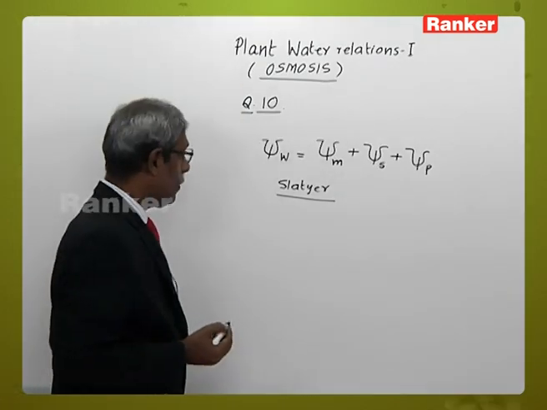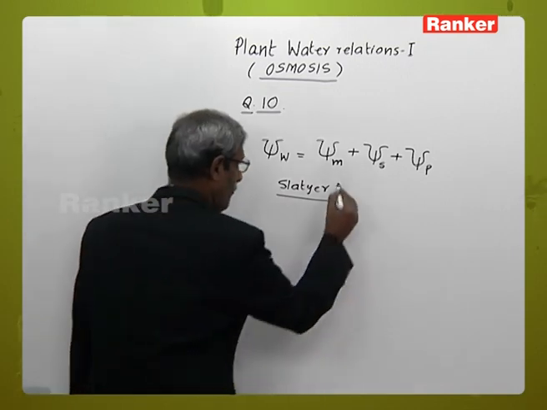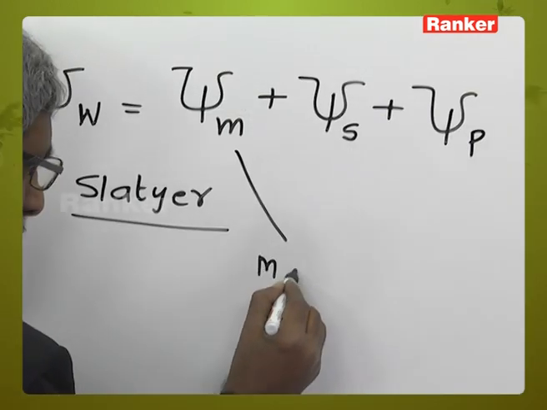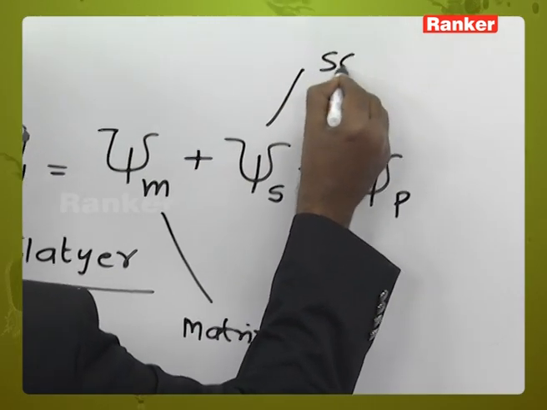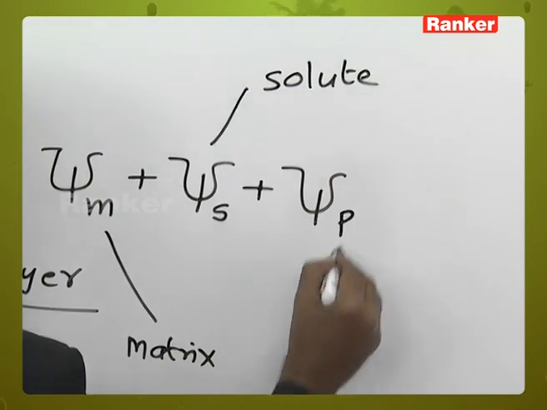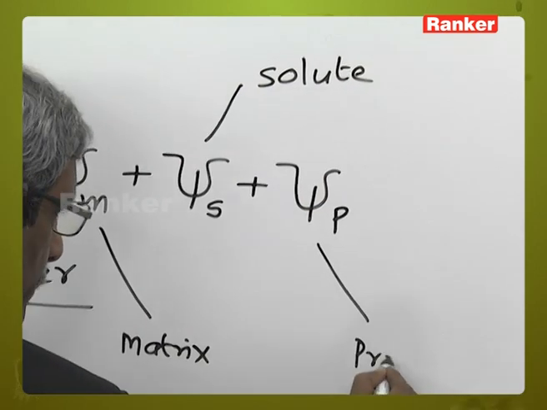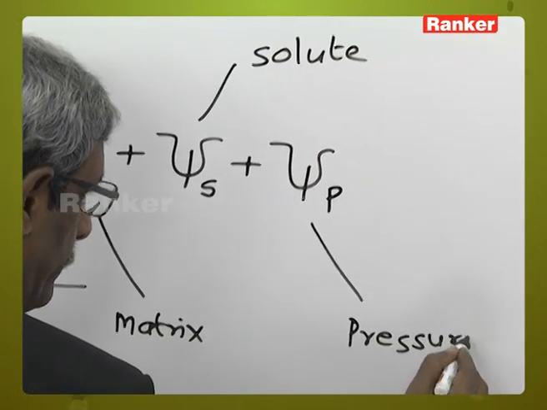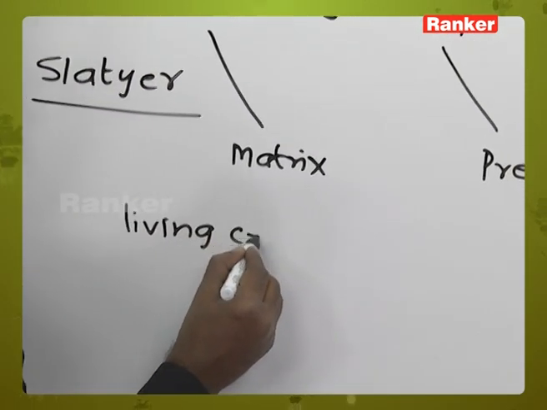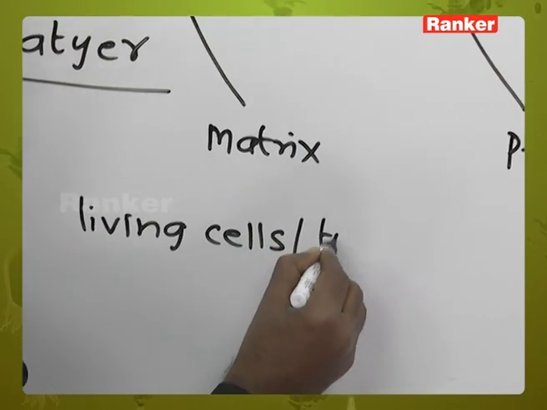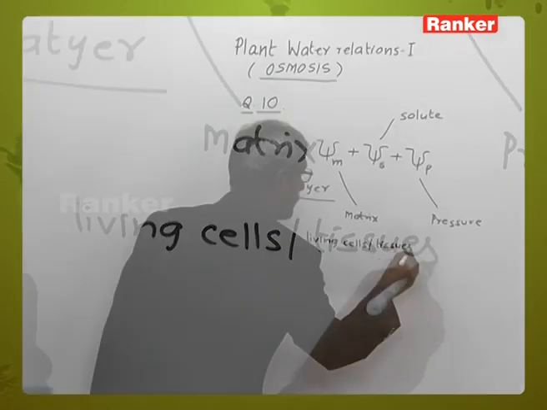So, according to Slater, water potential is a combination of the matrix potential as well as the solute potential and the pressure potential within living cells or tissues.